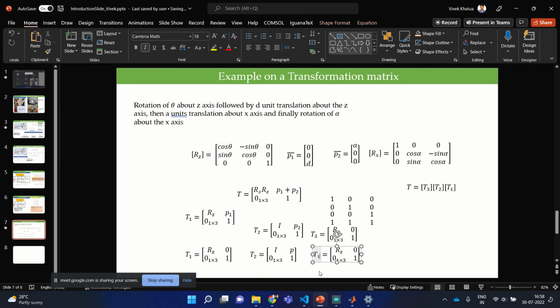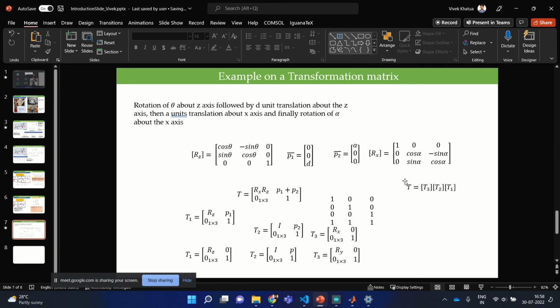Generally, in your DH parameters, we don't use the y-axis, so it is always represented with respect to x and z. But your transformation matrix can have y, don't worry. So this would be the sequence, and the sequence has to be preserved.